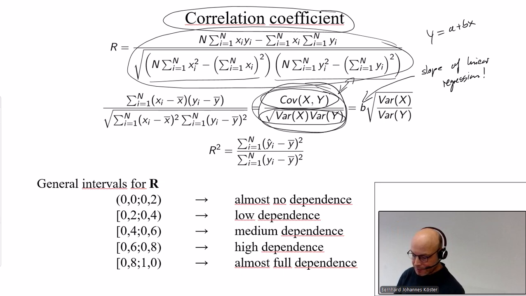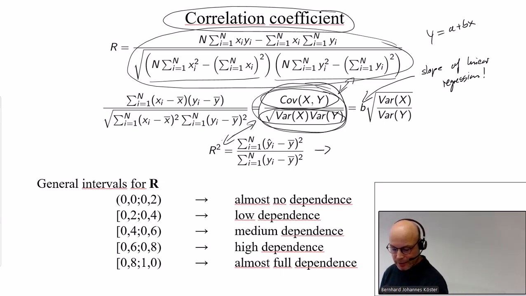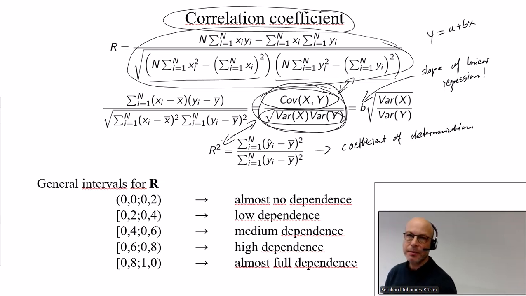And what you then also do is that you are squaring this number, and this we call then the coefficient of determination.